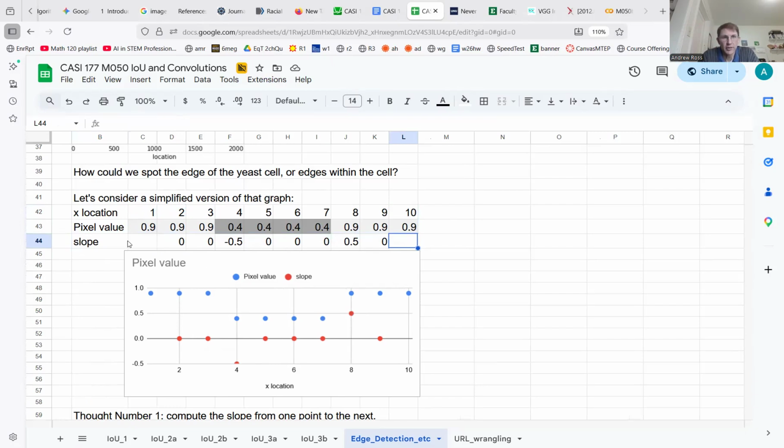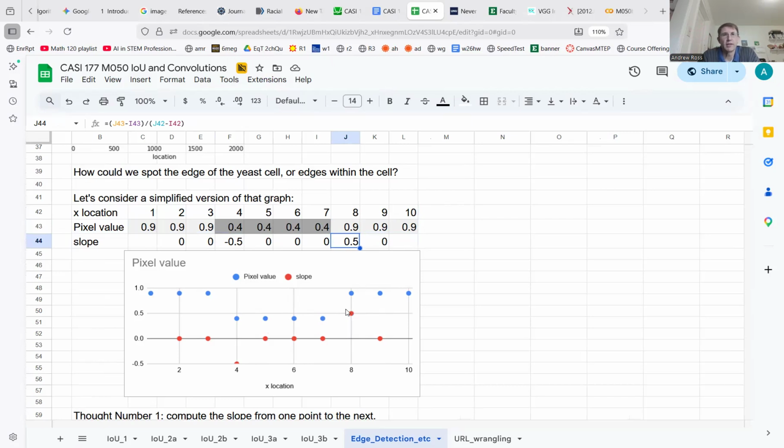So we have also got those slopes that we just computed graphed here, and we can see that the slope is 0 when we're inside a region where the intensity isn't changing, like the background on the left or the background on the right, and also inside the cell where it's relatively dark but not changing. But when we transition from a bright spot to a dark spot, we get a strong negative slope. And when we transition from a dark spot to a bright spot, we get a strong positive slope. So that's saying, hey, there's an edge right here.